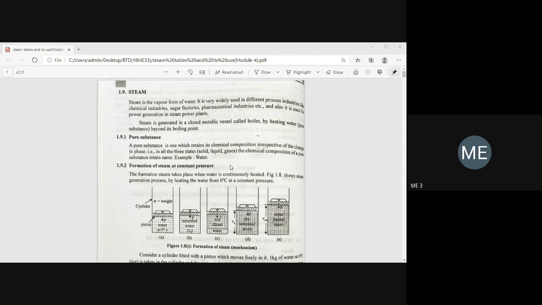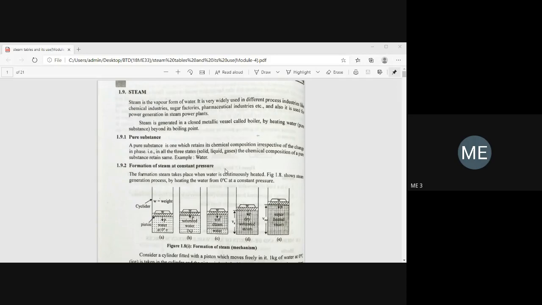When you heat the water, evaporation takes place at 100 degrees Celsius. Steam is the vapor form of water. It is mainly used in different process industries like chemical industry, sugar factories, pharmaceutical industries, and it is also used in power generation, mainly in steam turbines, in steam power plants.